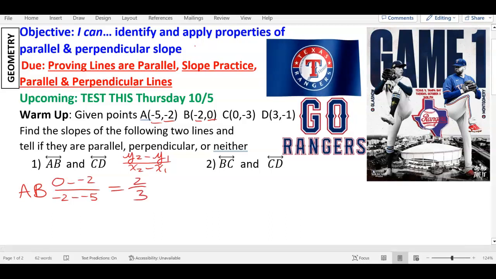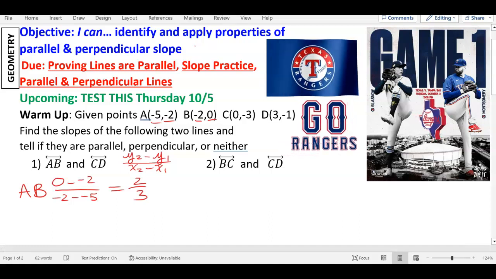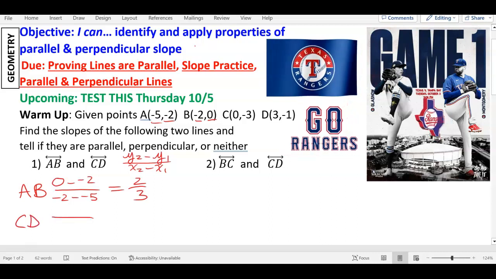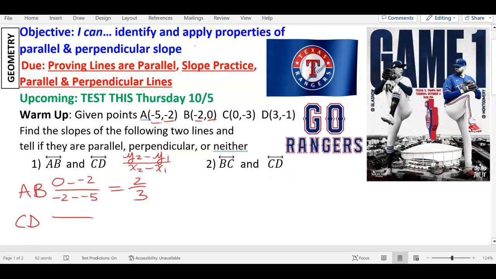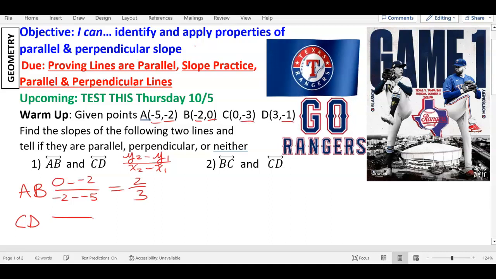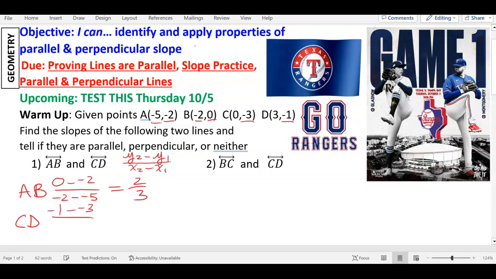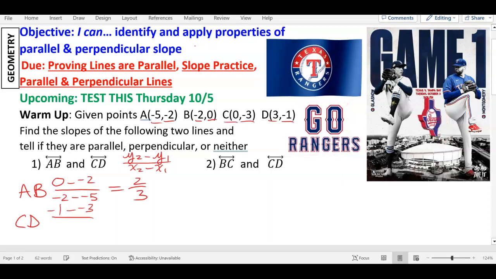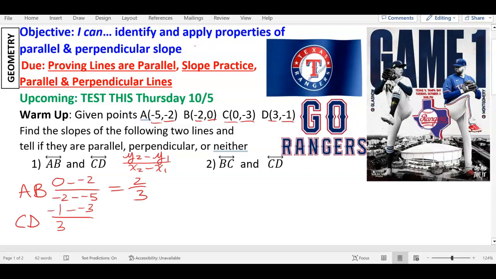That's not it, because now you have to find CD and compare them. So for CD, go ahead and write a fraction bar. And we're going to do Y2 minus Y1 using the C and the D numbers. So Y2 minus Y1. So -1 minus -3 over X2 minus X1, 3 minus 0. Are you able to write that out?